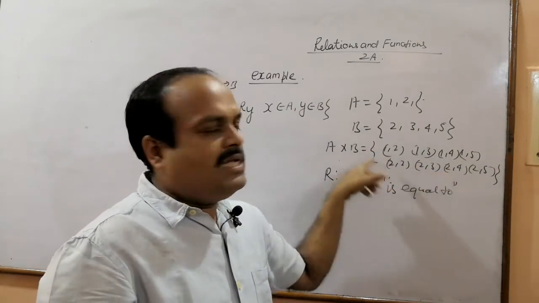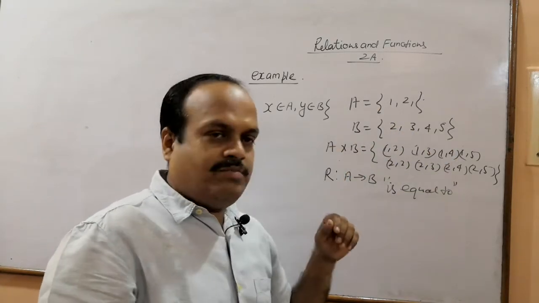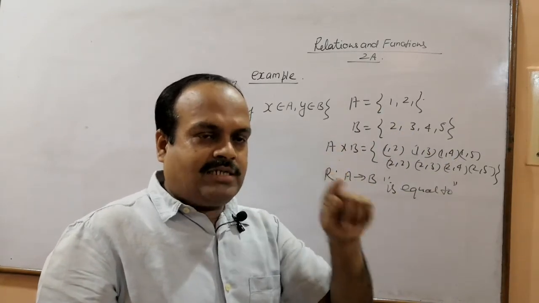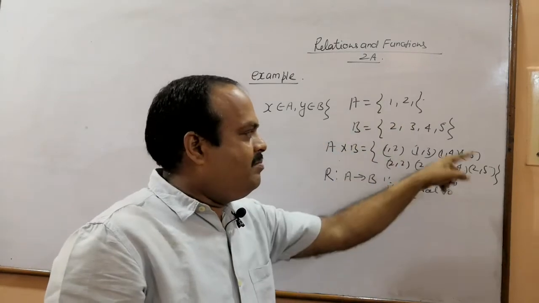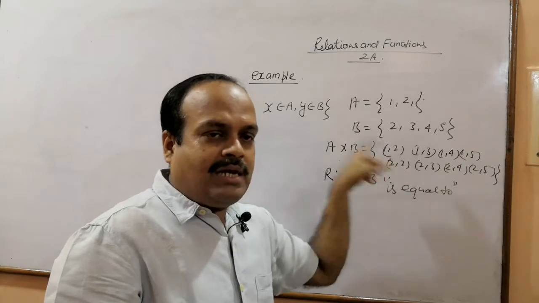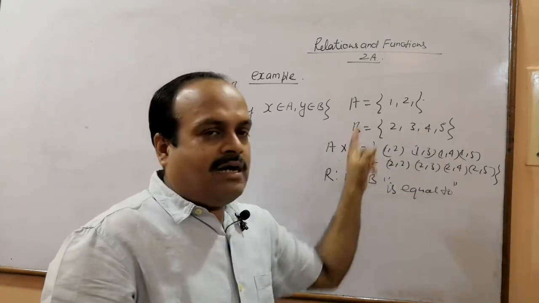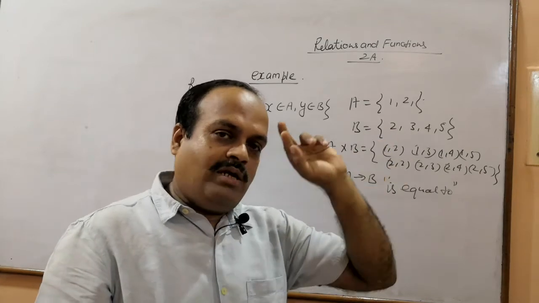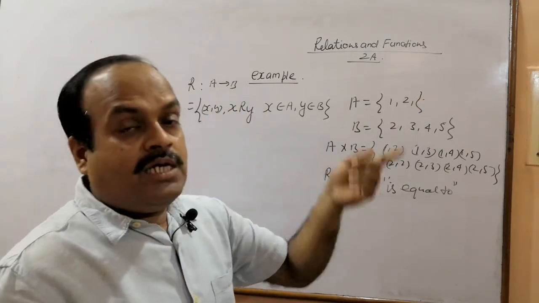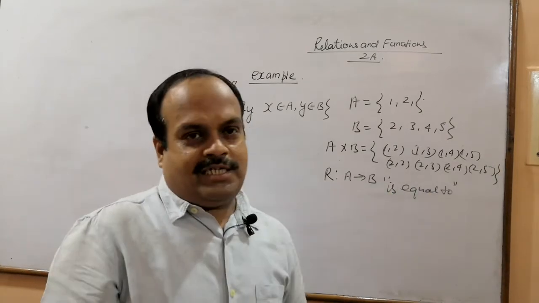Out of these 8 elements of A cross B, which are ordered pairs, we will select only those ordered pairs in which the first entry is equal to the second entry.